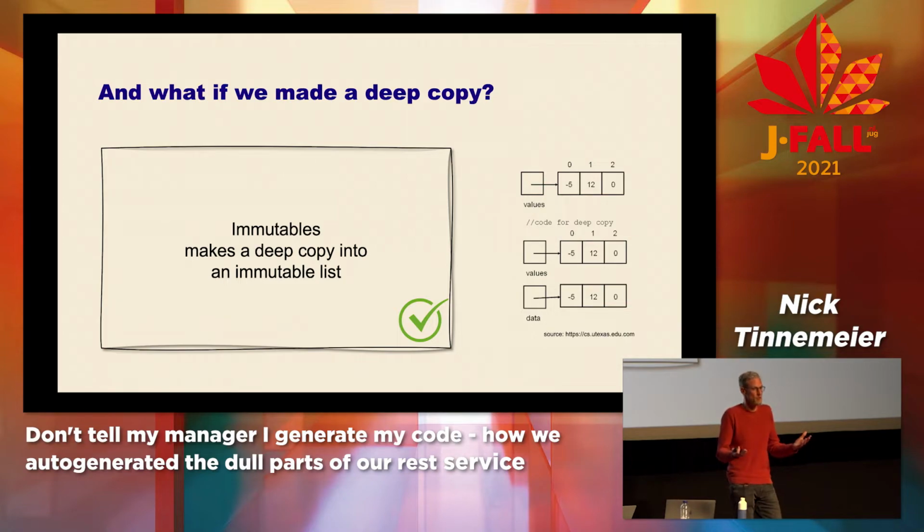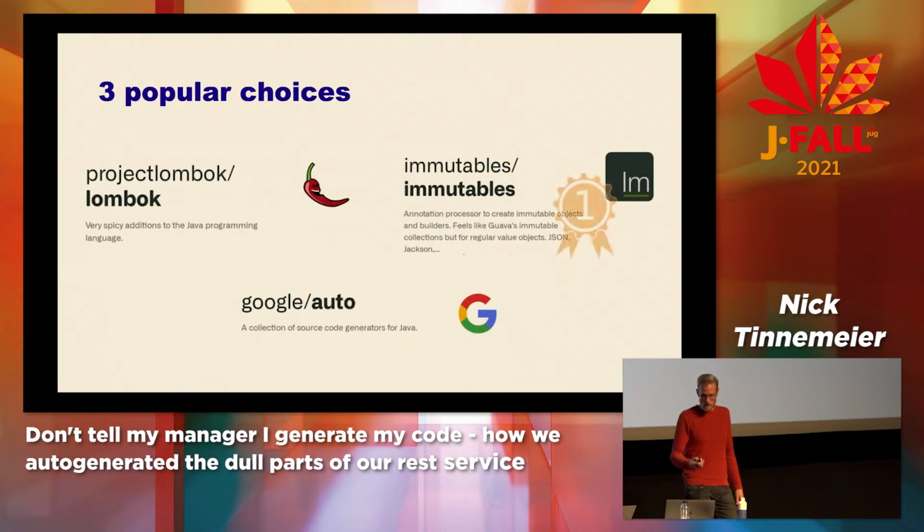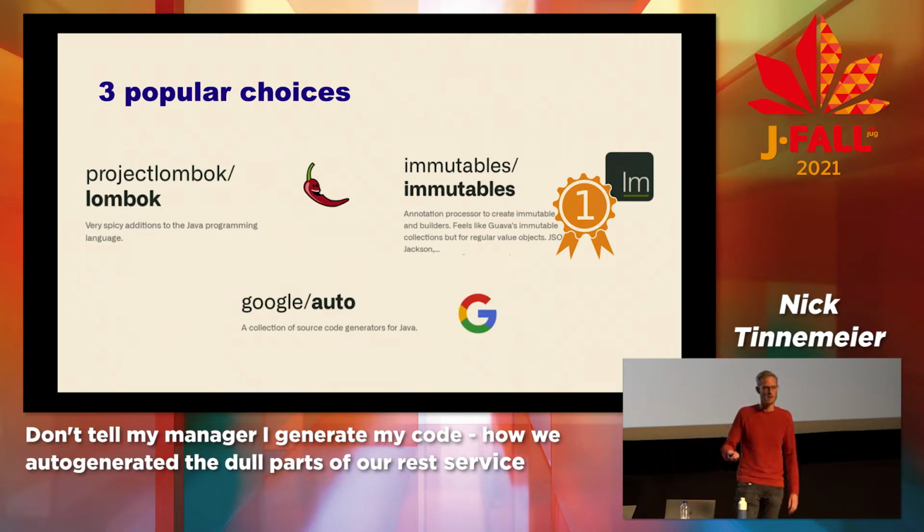So to us, it's important that this list is actually immutable, because otherwise someone else could still have a reference to the list and change it. So you don't have full immutability. Therefore, we still believe that Immutables is the right choice.